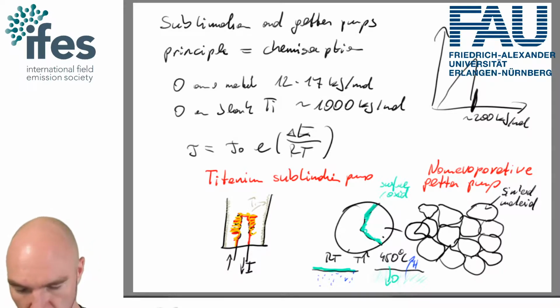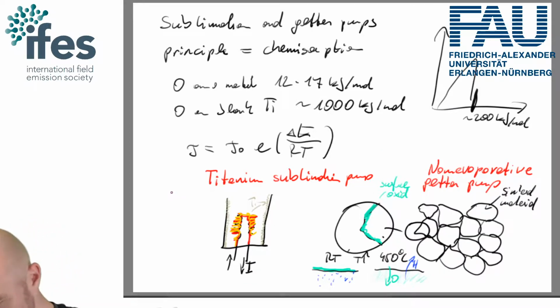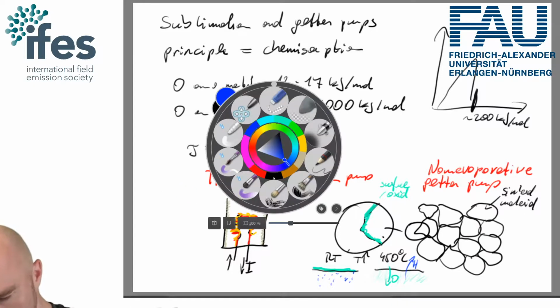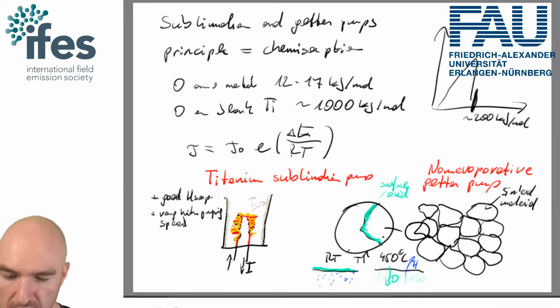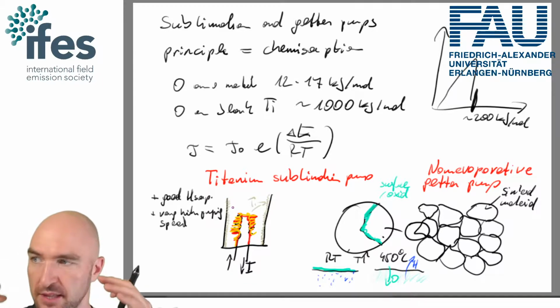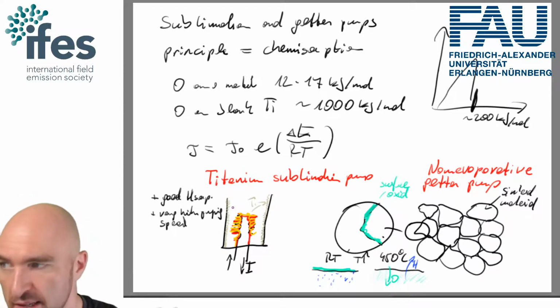The difference between those in terms of practicality is, here we've got the plus: good hydrogen sorption, very high pumping speed. Essentially, if you put a cryo shield on there, you will get dendritic growth of the titanium, and you will get very, very high surface area, and you will get up to 10,000 liters a second hydrogen pumping speed.